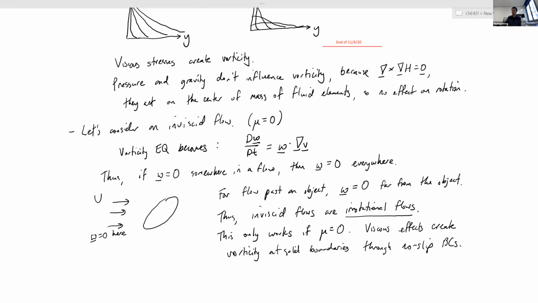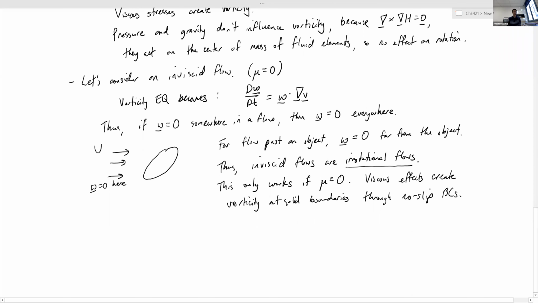But what this means is that our strategy should be that, if we're trying to find inviscid flows, maybe the right thing that we should be doing now is to actually look for irrotational flows, right? Flows where the vorticity is equal to 0. And it turns out that setting the vorticity equal to 0 is much easier of a way to solve a problem than it is to use the coupled Navier-Stokes equations and stuff like that.